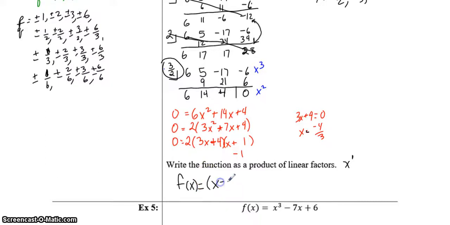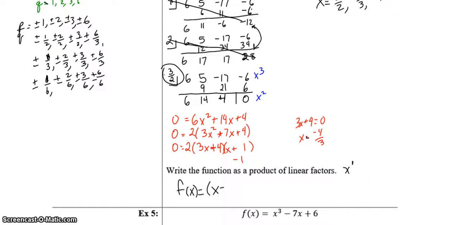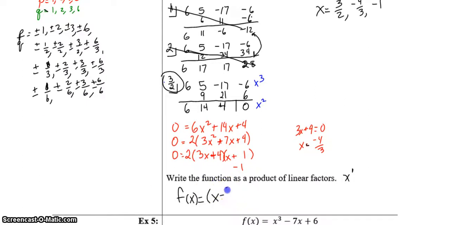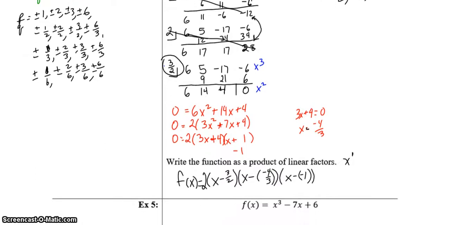So x minus 3/2, x minus a negative 4/3, x minus a negative 1. And don't forget that 2, that'll work. Now, minus and negative, I know those are plus positives, but this is fine. So all in a matter of getting there.